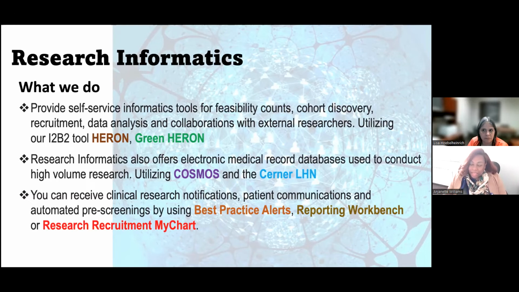So what it does is Epic is integrating the inpatient and the outpatient medical record into a single comprehensive record for a detailed picture of the patient's health, and that will be utilizing Cosmos.